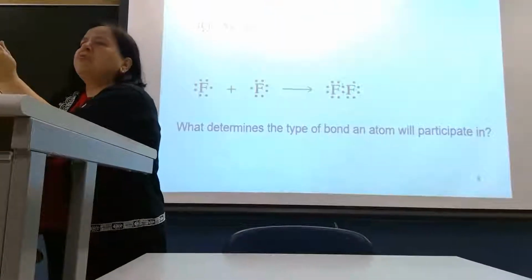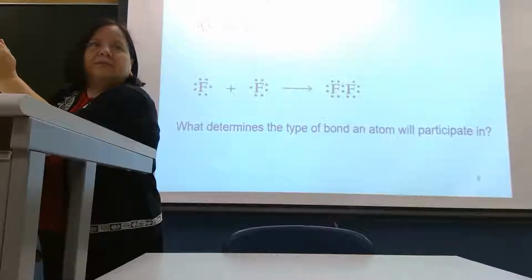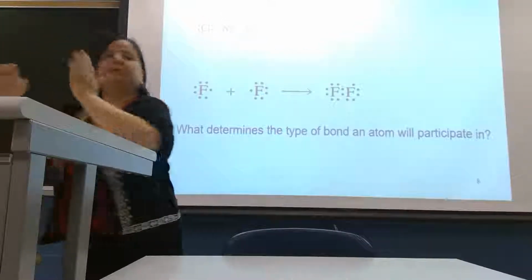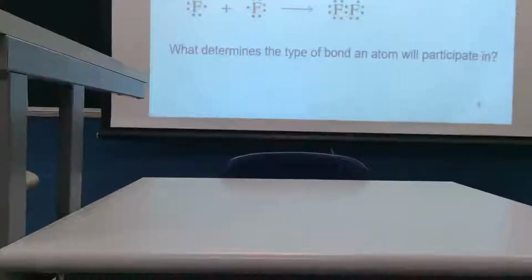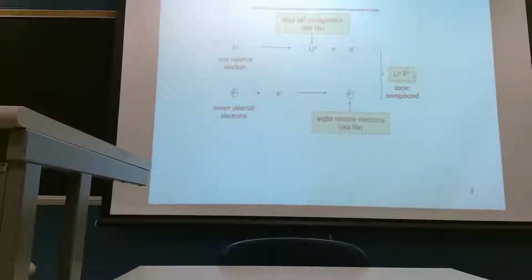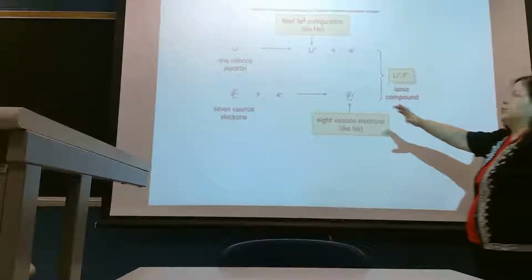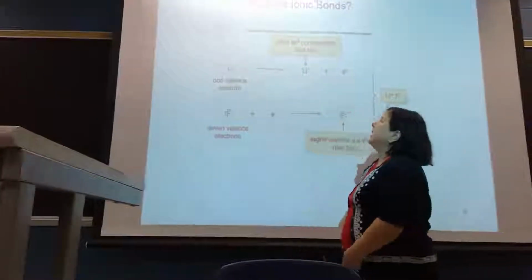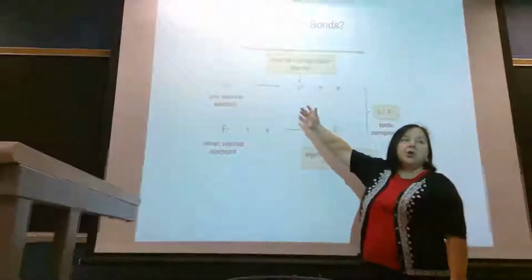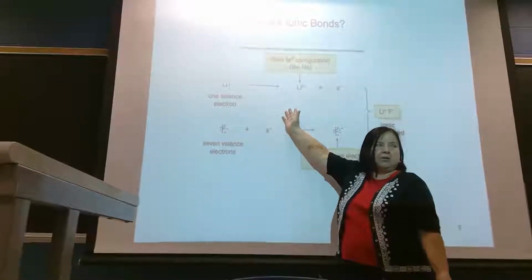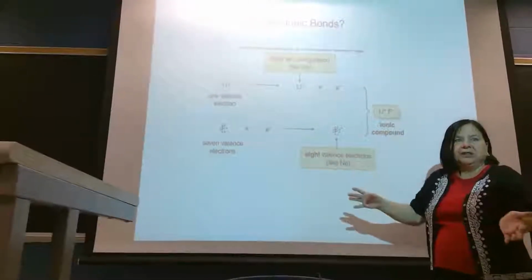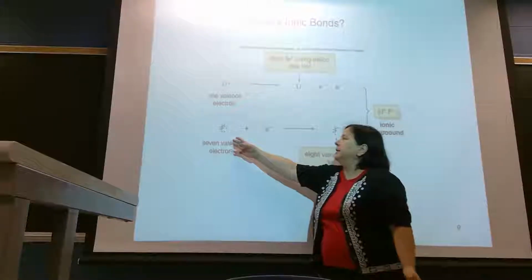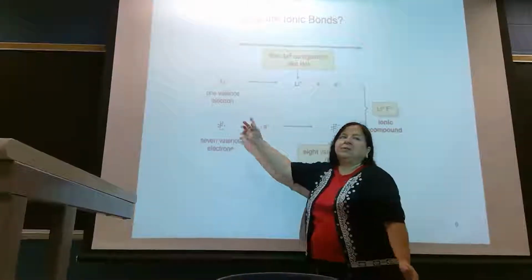If they are both non-metals, they will make covalent bonds. So what is that? Ionic bonds. Metal will lose an electron because after losing it will be more stable. Everything is going to stability. And non-metal will accept this electron.